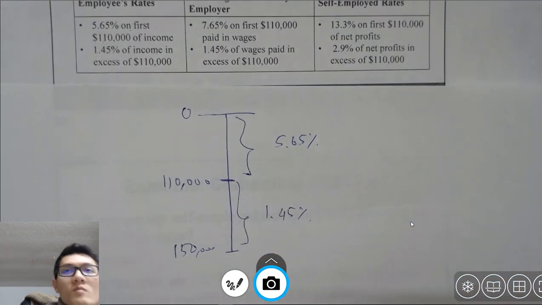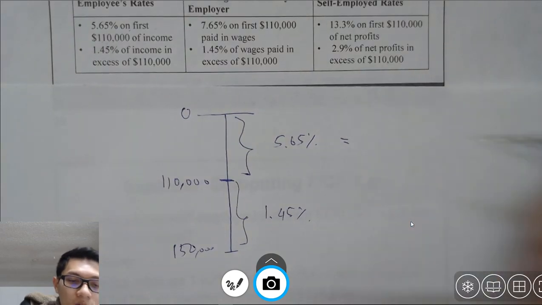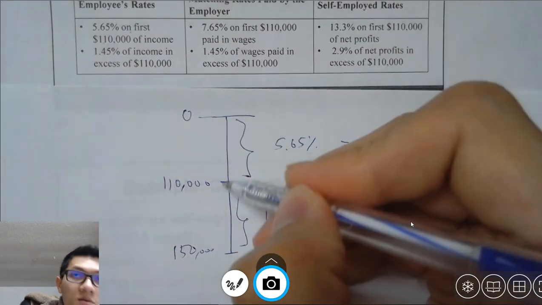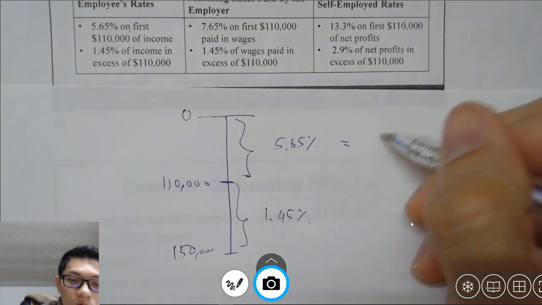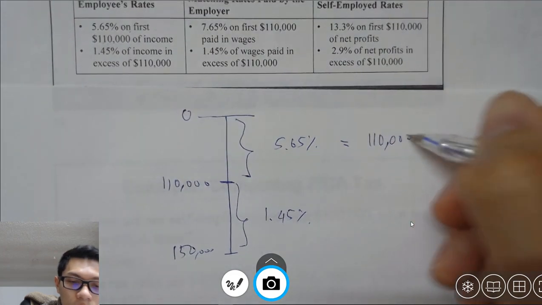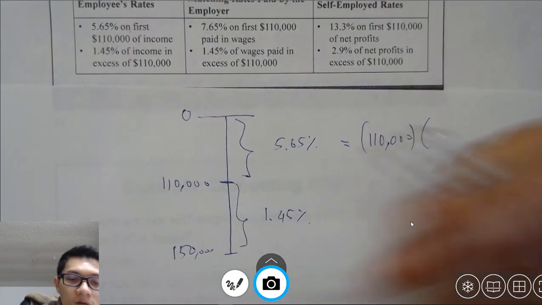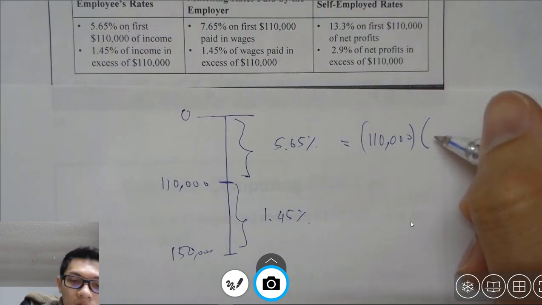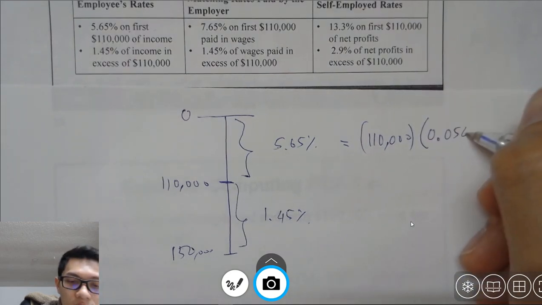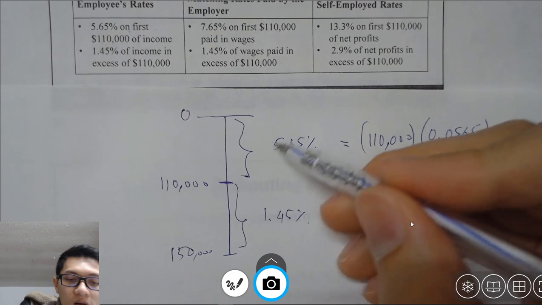So it's pretty simple. Again, this difference here is 110, right? We multiply 5.65 in decimal, 0.0565. You move two places to the left.